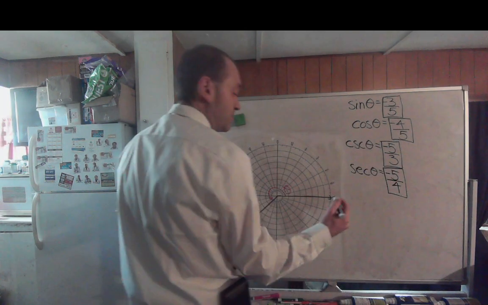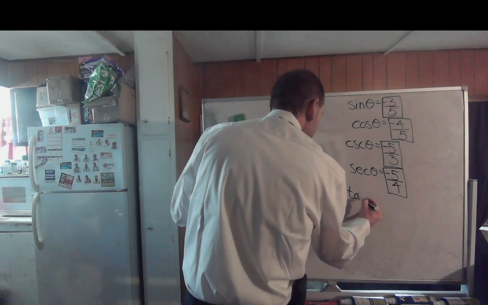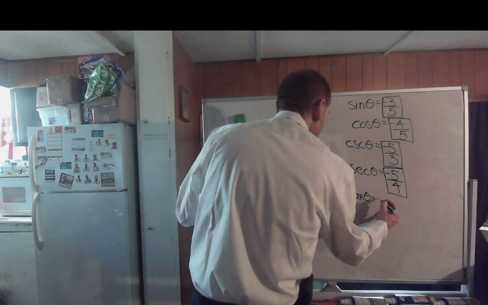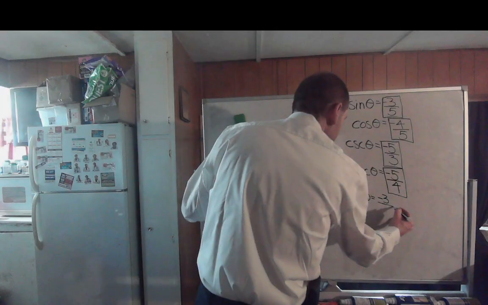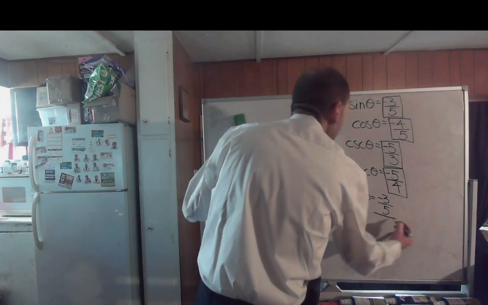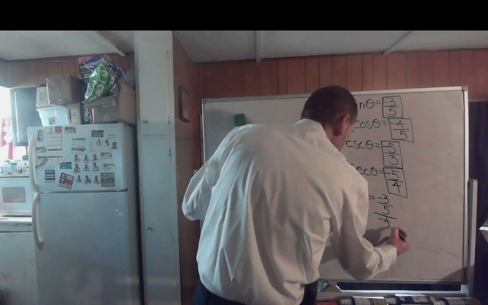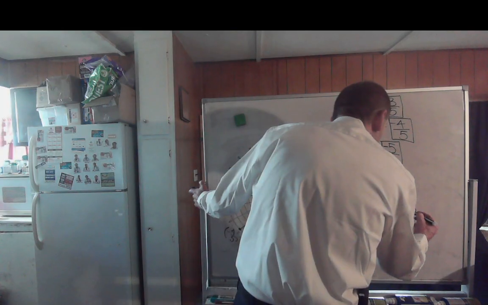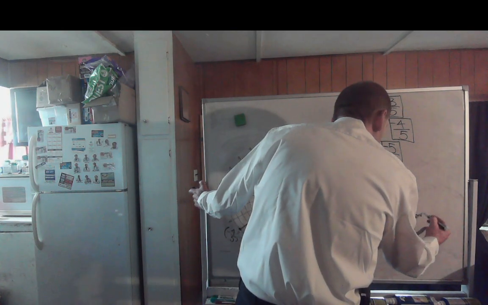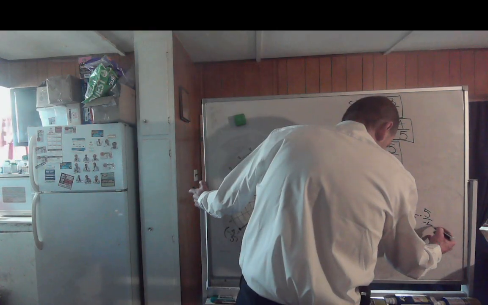Now the tangent of theta, that's going to be the sine divided by the cosine. So the sine is -3/5 divided by -4/5, which would turn into -3/5 times 5 over -4.